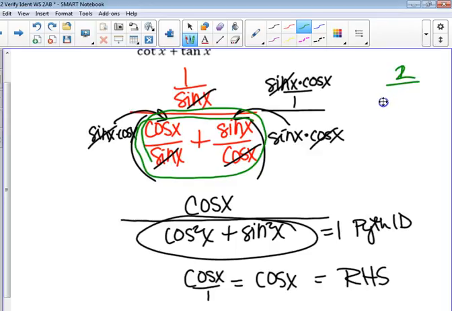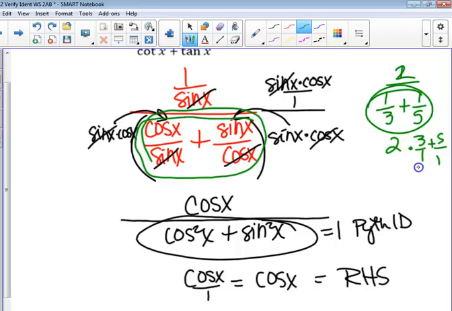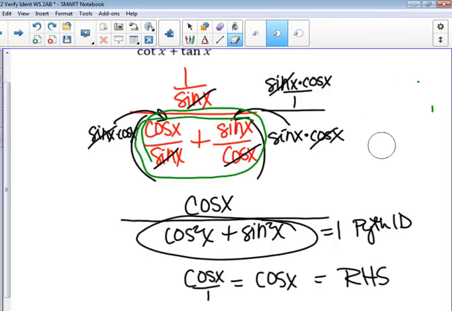If I have 2 divided by 1/3 plus 1/5, is that the same as 2 times 3 over 1 plus 5 over 1? No, I can't just flip that over like that, okay? Not even close. All right, moving on.